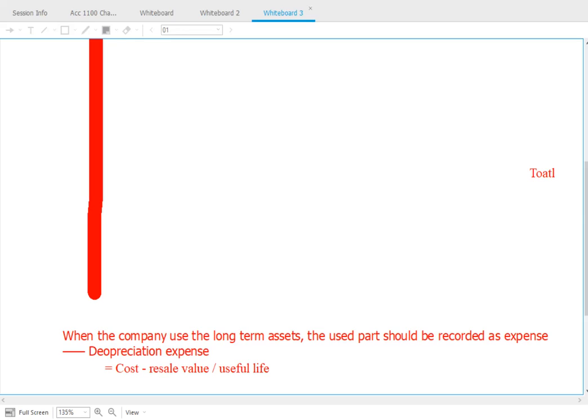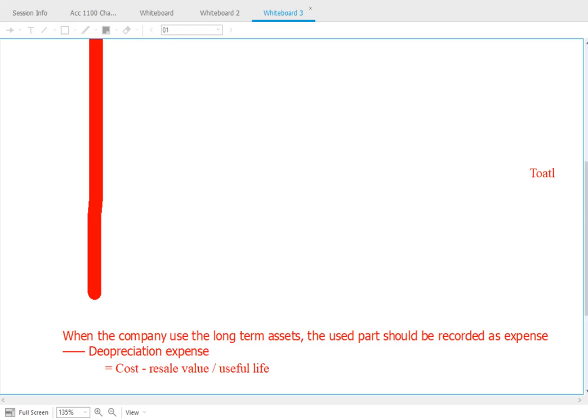How do we calculate how much I use from the asset? There are 2 different methods, but for now, we're going to apply the straight line method. According to the straight line method, the depreciation expense, which represents how much I use from the asset, is equal to the cost minus the resale value divided by the useful life.